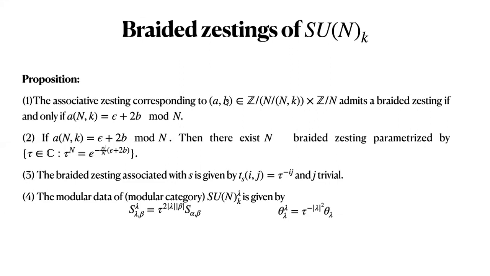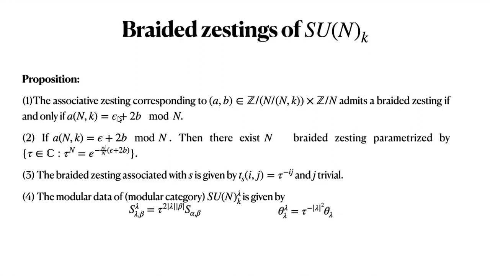So the twisting associated with this pair admits a braided twisting if and only if, and this is at the end another way to write the obstruction, but more concretely, if a, this integer, times the GCD of n and k, is equal to epsilon plus 2b, mod n. So this is the concrete obstruction, written not in terms of group cohomology but in terms of numbers, but we obtain this exactly from using group cohomology.